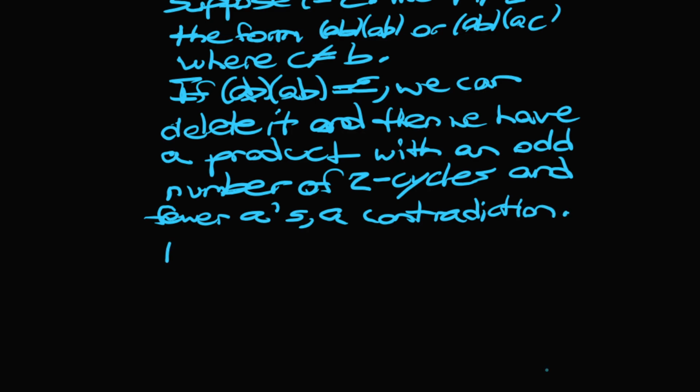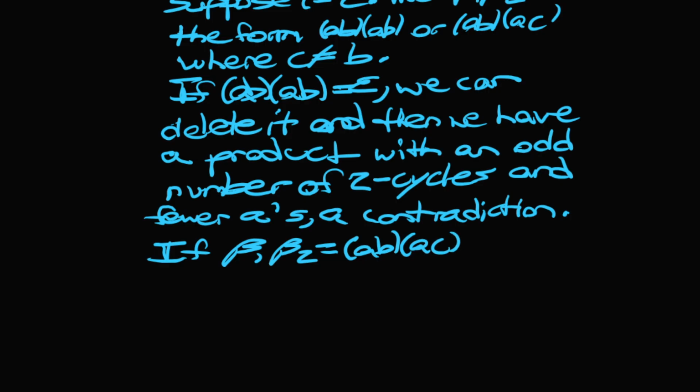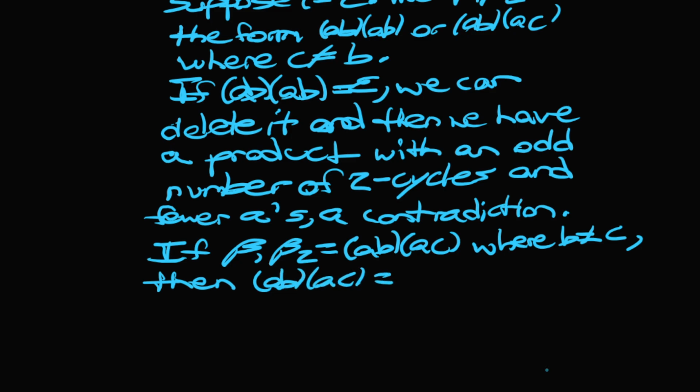So now, if beta 1, beta 2 equals (A B)(A C), where B is not equal to C, then (A B)(A C) equals (A C)(B C).